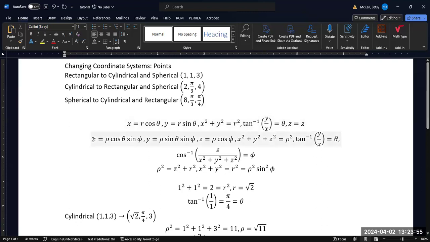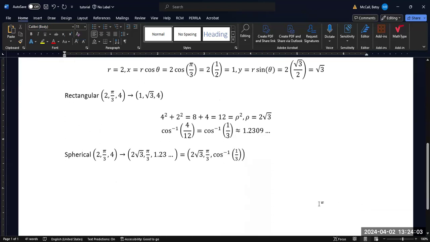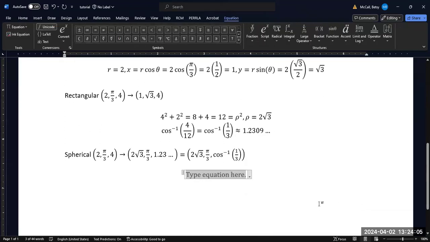And so that's when these coordinates, these things are going to be the most useful to us. So let's consider x is equal to rho cosine theta sine phi.